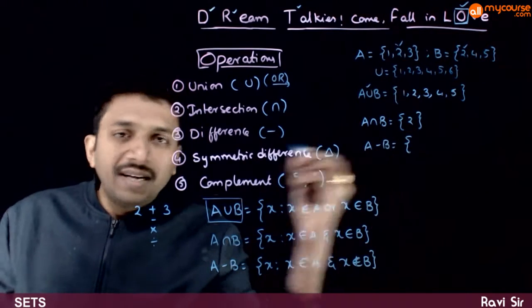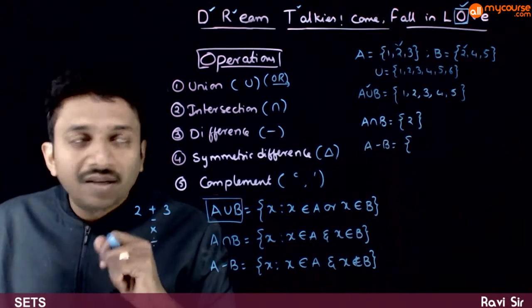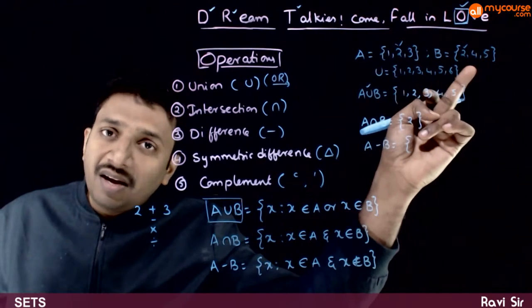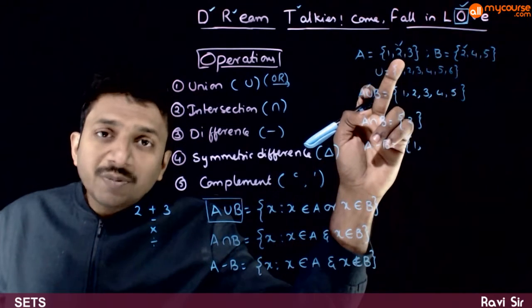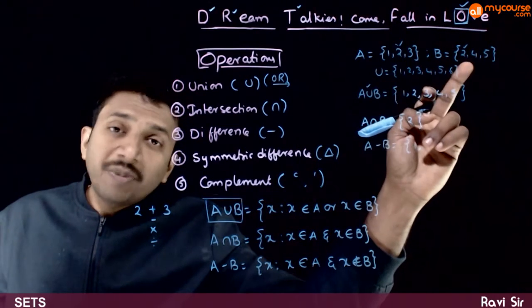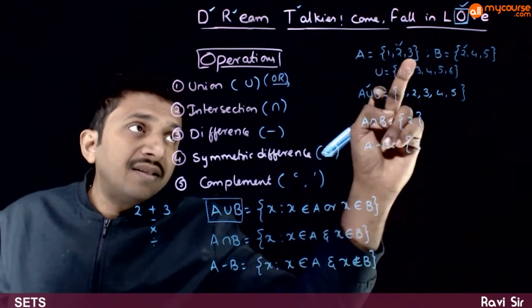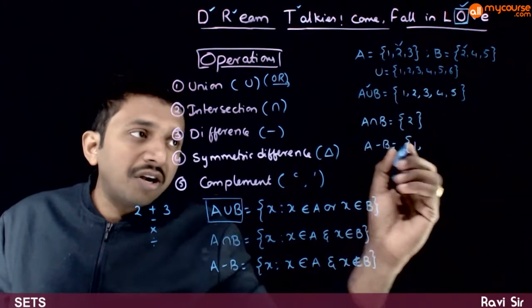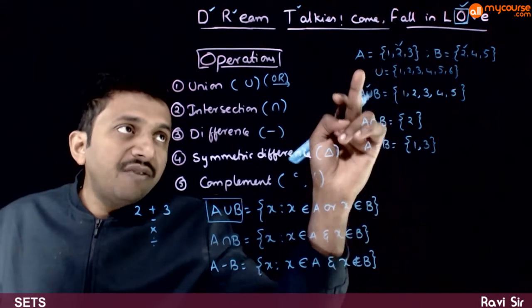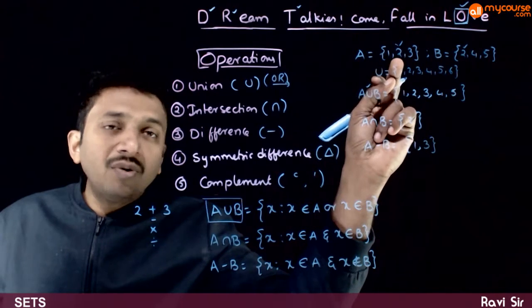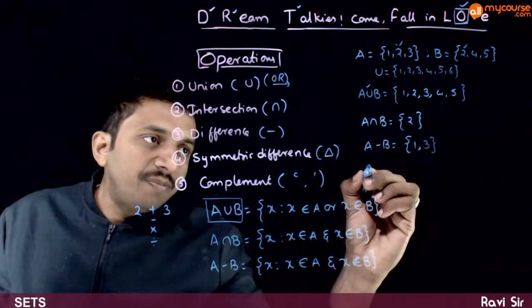A minus B contains those elements which are present in A but not in B. So 1 is present in A, it is not present in B, so 1 comes here. 2 is present in A and also present in B, so 2 gets removed. And 3 is present in A and not in B, so 3 comes in A minus B. So effectively, if you want A minus B, you have to remove the common elements of A and B from A. So what is B minus A?